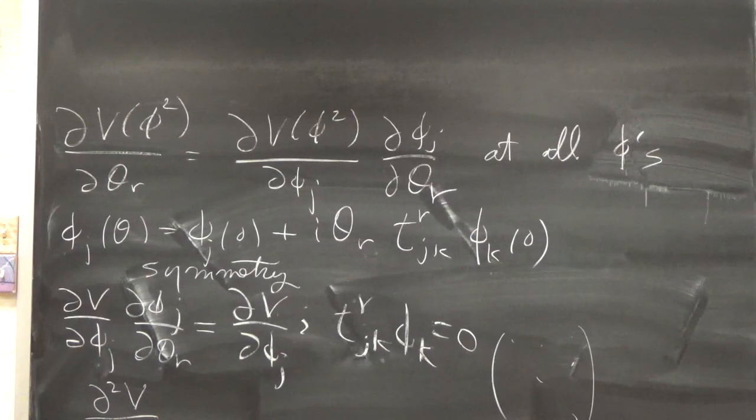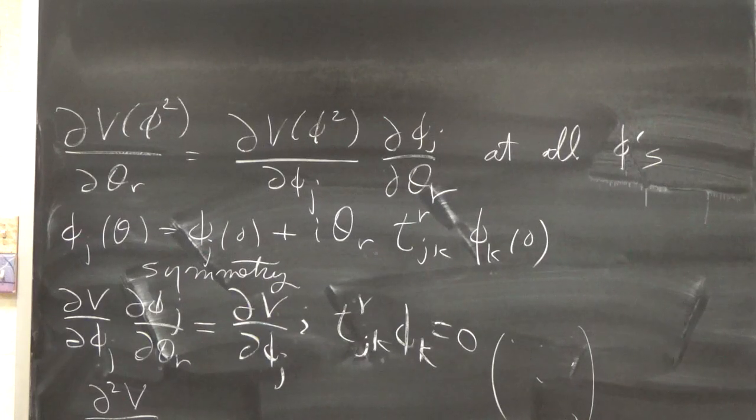I don't remember how this worked out in Georgia. Actually, if they're real, they have to be anti-symmetric, because they have to be Hermitian, and they can also be imaginary and symmetric.